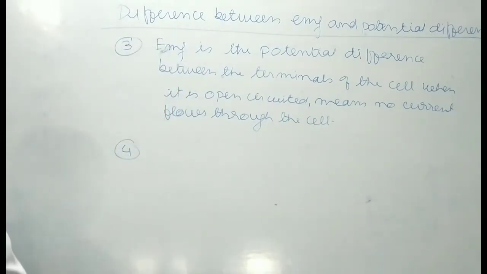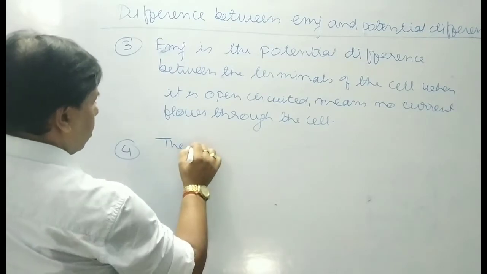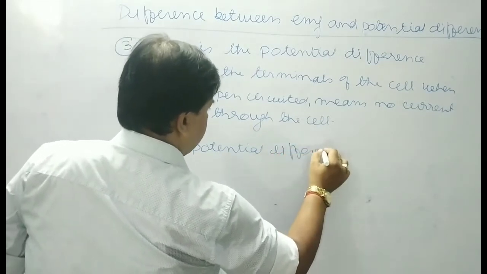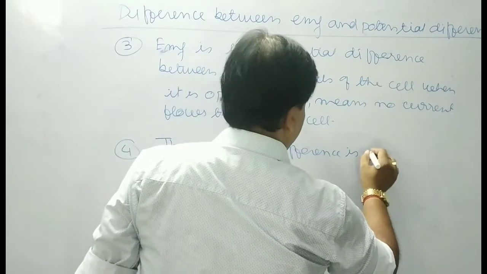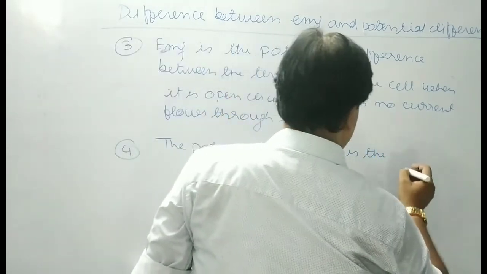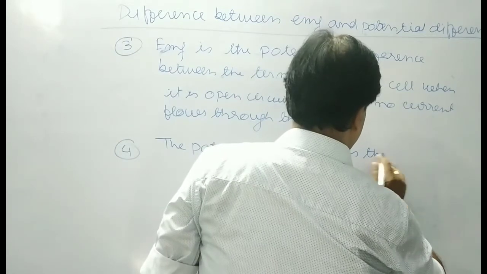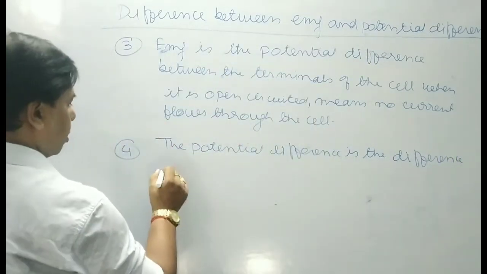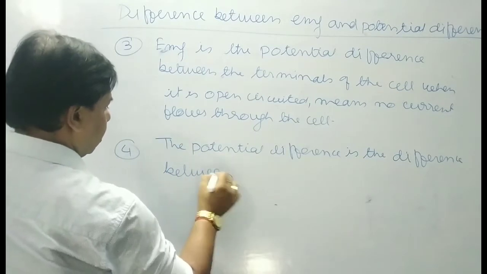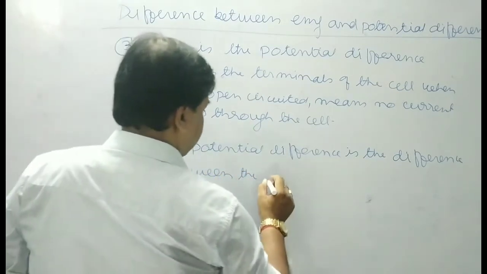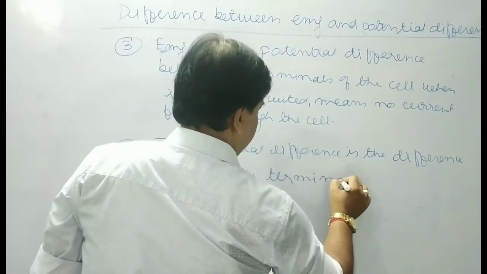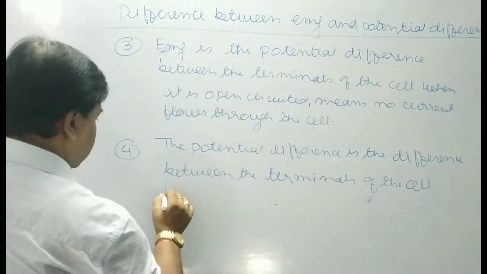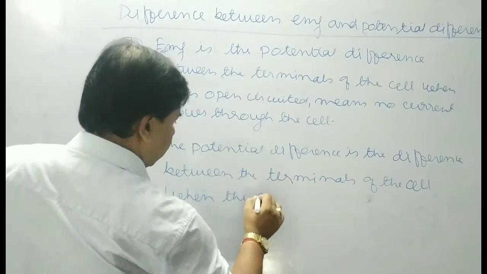Fourth, the potential difference is the difference in potential between the terminals of the cell when the circuit is closed.